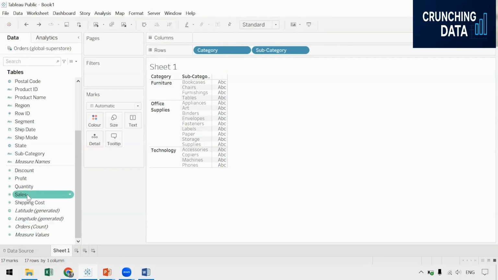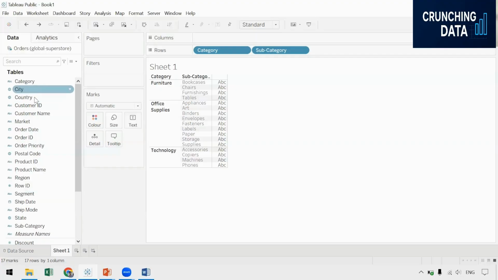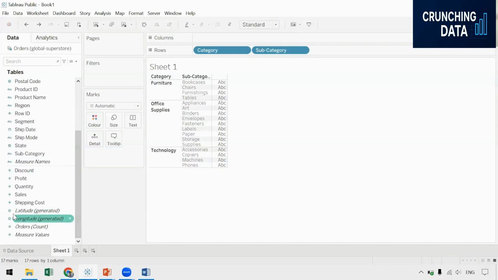Why is it so? Because you can see that some of the geographic data types are also inside of the dimensions. Now, how is this different from this, which is inside the measures? Whenever we are talking about the dimension side of geographical values, these are the values that are present in our data set. These were the text-based dimensions.